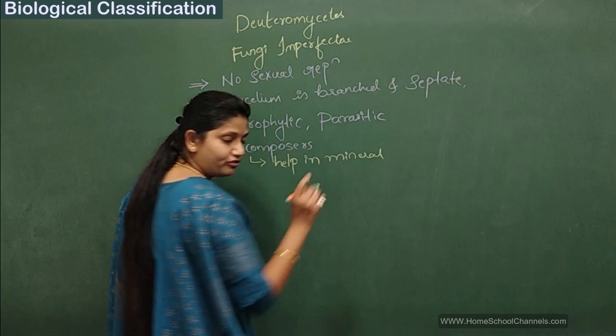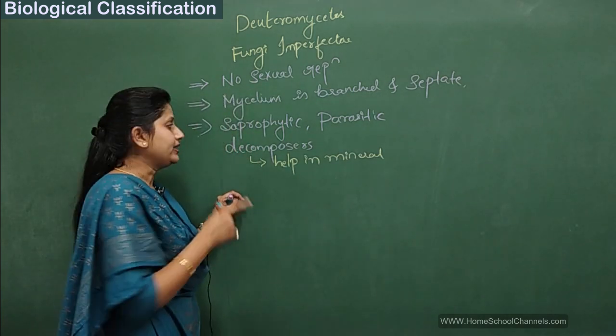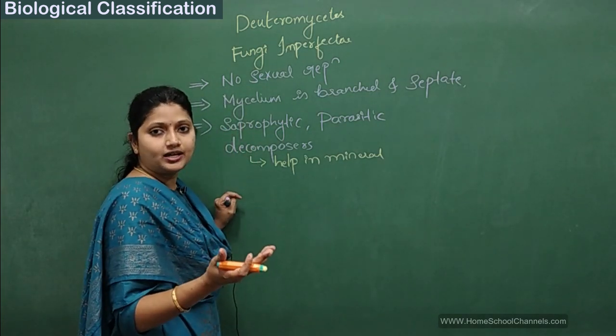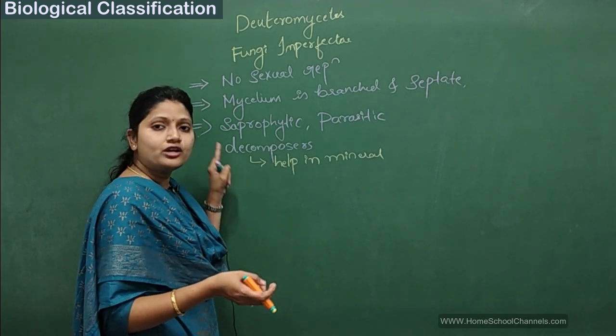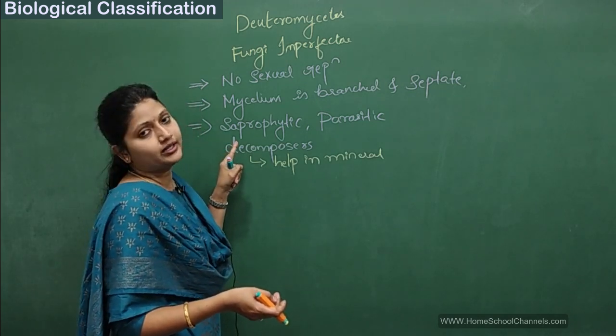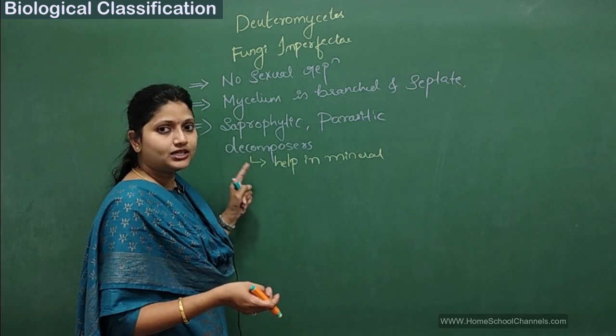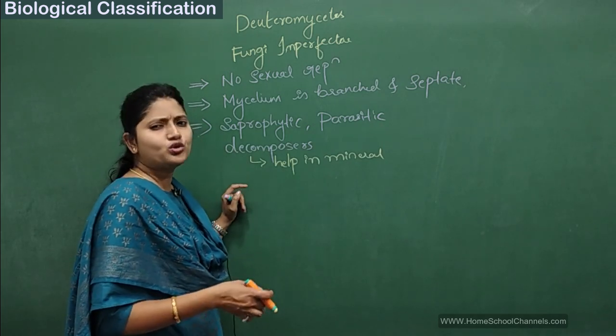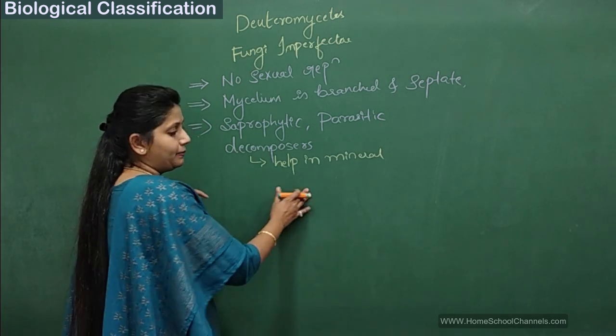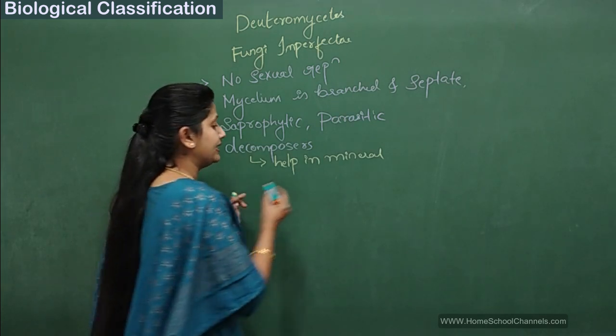They can be saprophytic, they can be parasitic. Saprophytic means feeding on dead and decaying organic matter. Since they feed on the dead and decaying organic matter, they can also act as decomposers, and since they are decomposers, definitely they help in mineral recycling.